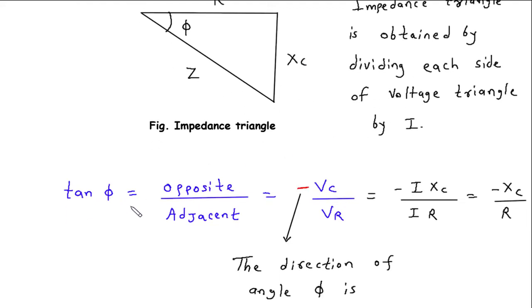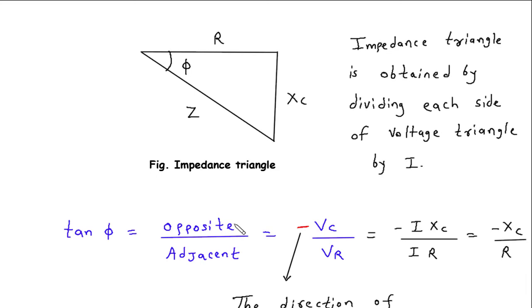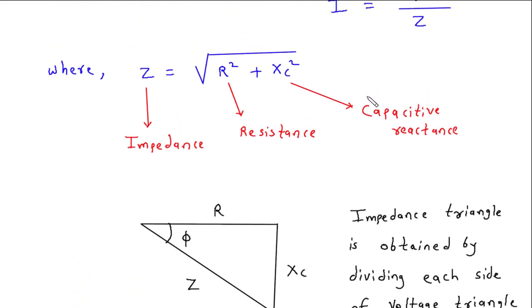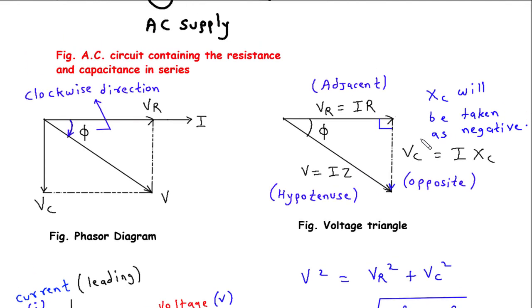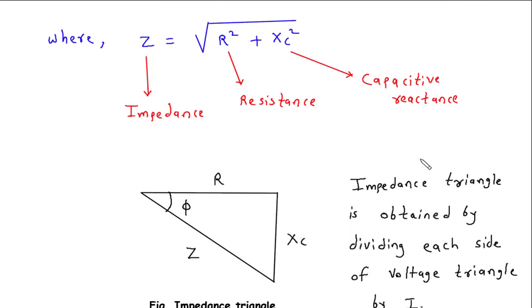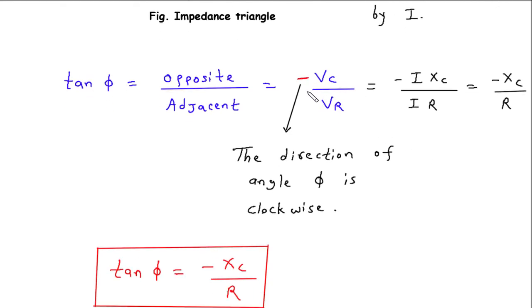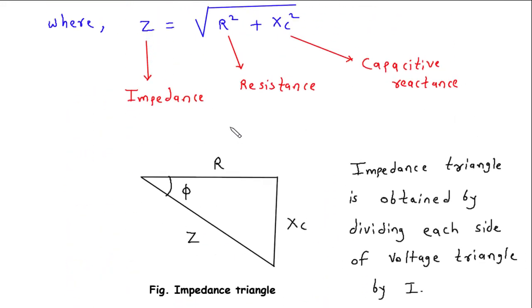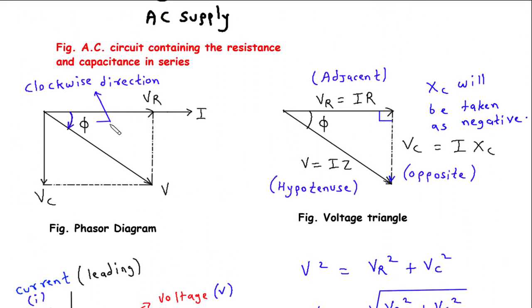Now tan phi is equal to opposite side upon adjacent side. Here we can see that the opposite side is minus VC. This VC is in the downward direction, so this will be taken as minus. The direction of angle phi is clockwise, like this.